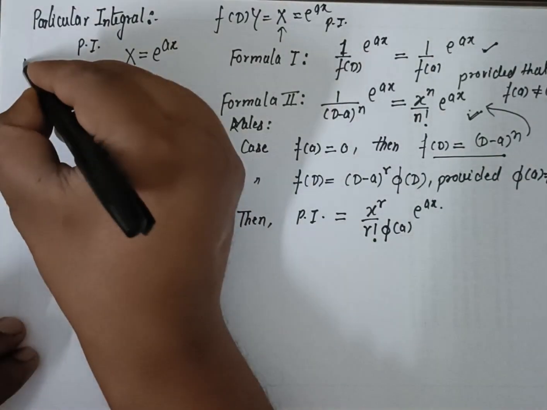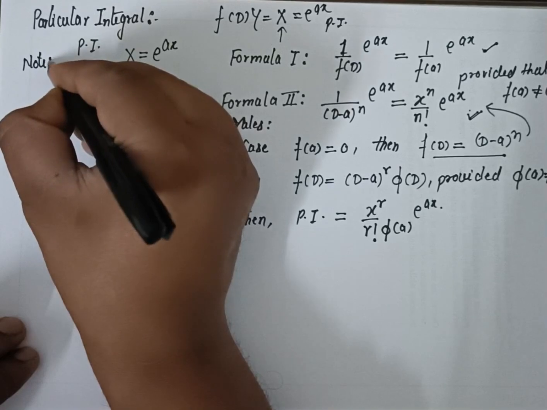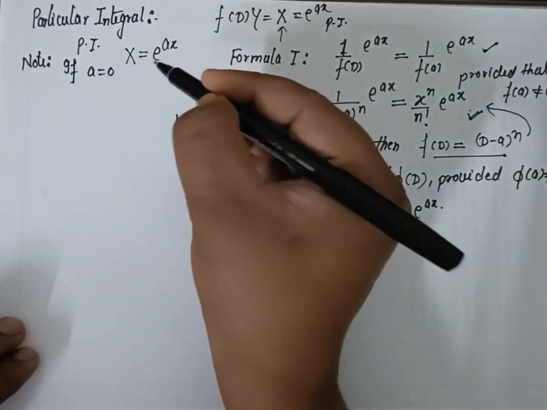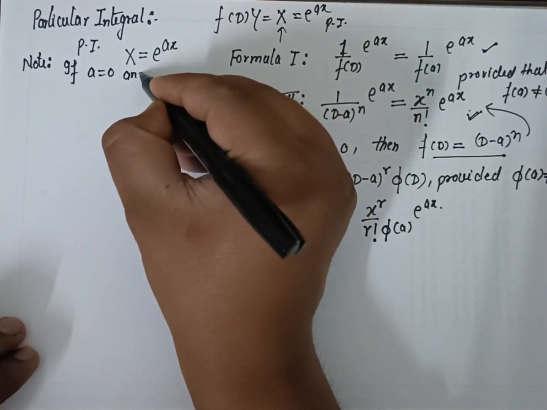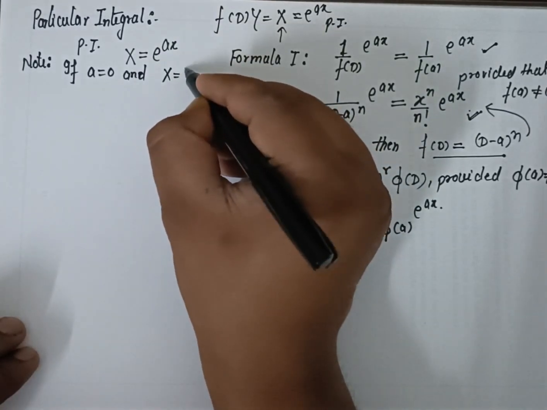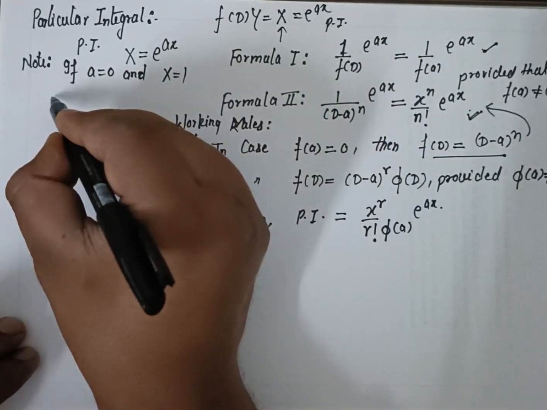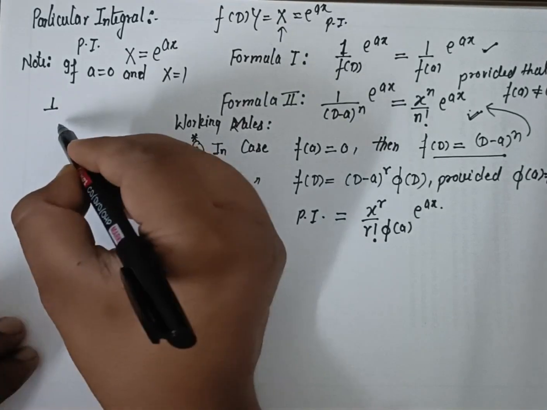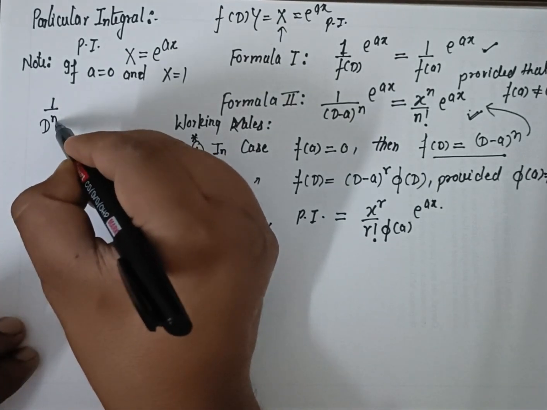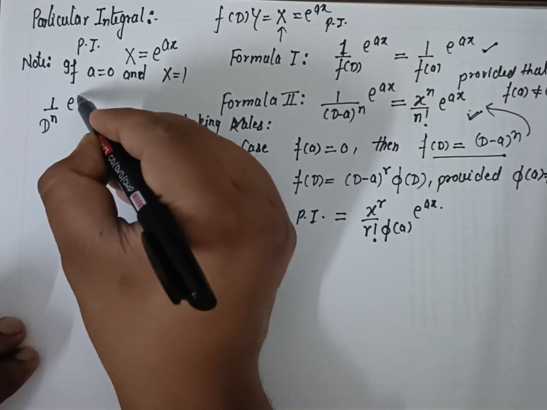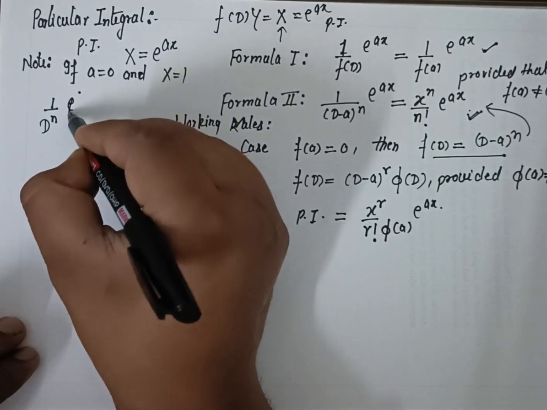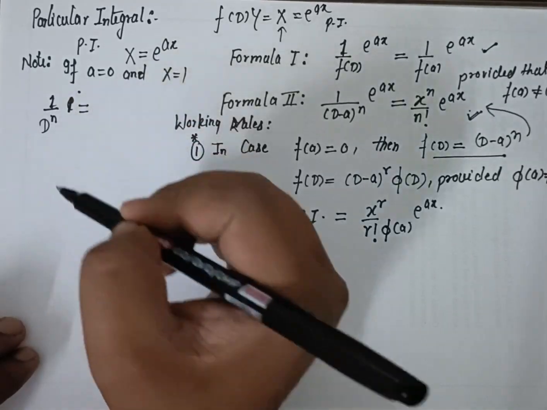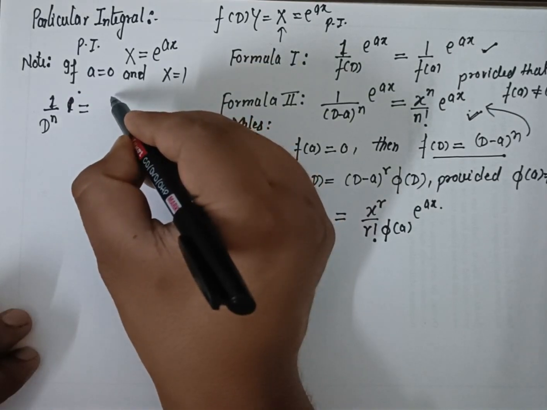And one thing to be noted here: if small a is equal to 0 and capital X is equal to 1, then your particular integral will look like 1 upon (D to the power n), e to the power 0x.